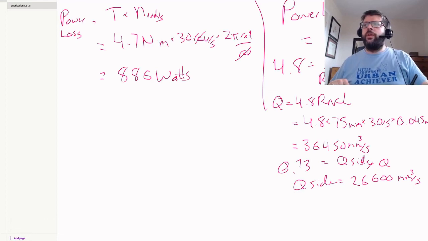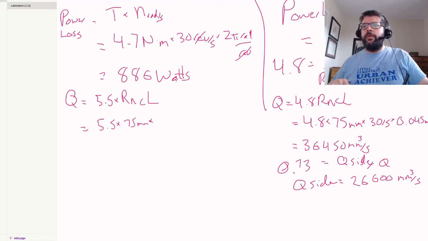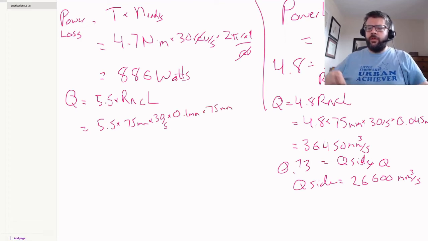So our Q is going to be equal to 5.5 times R N C L, which is equal to 5.5 times 75 millimeters times 30 per second times the clearance for this one, which was 0.01 millimeter, and the length is the same at 75 millimeters.